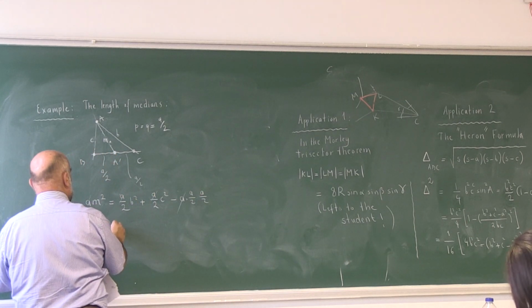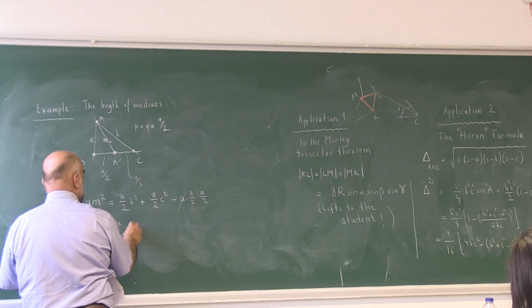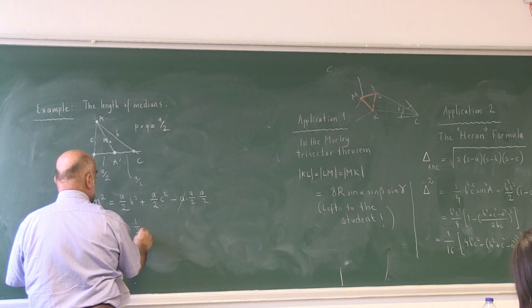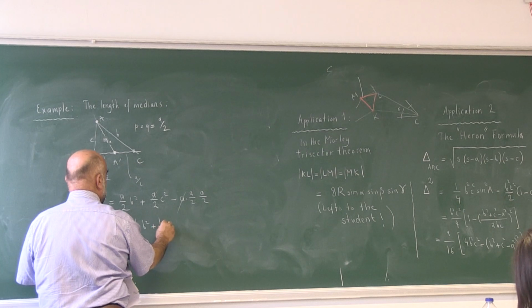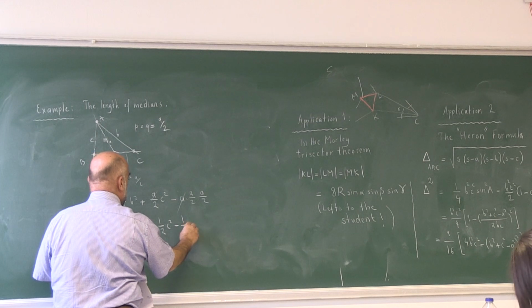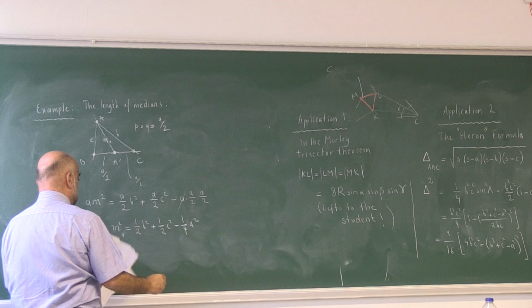And you are left with M squared equals a half B squared plus a half C squared minus a fourth A squared, which is, well, in my opinion, a rather fine formula.